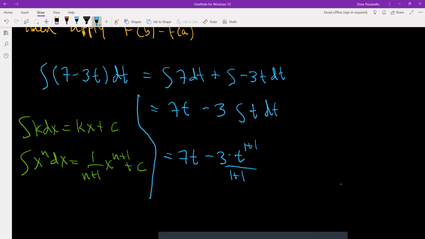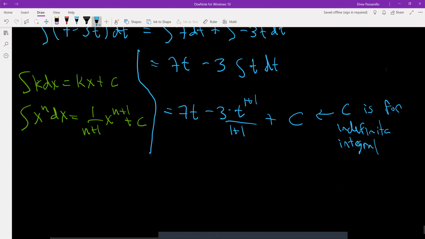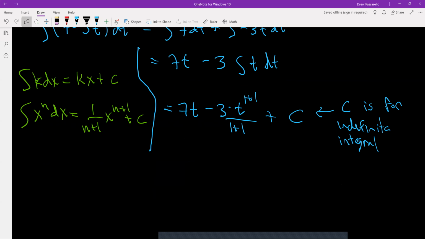And usually you want to put your constant of integration if we're dealing with an indefinite integral. We don't put this when it's a definite integral. But I'm just seeing what the indefinite integral is.